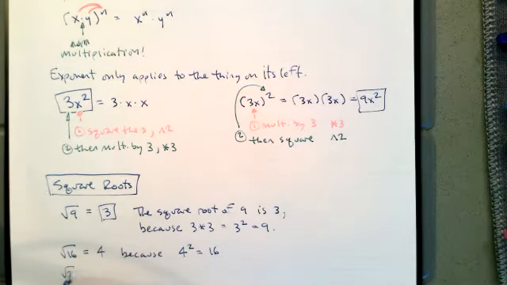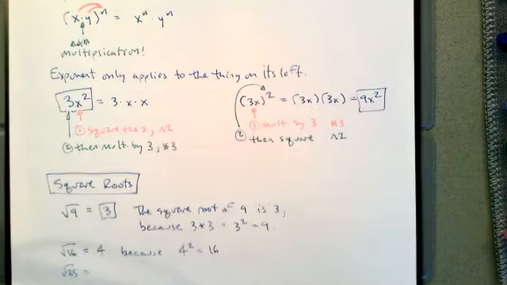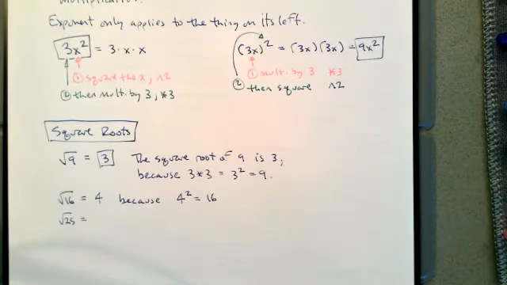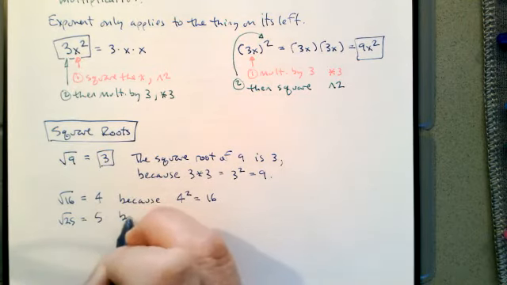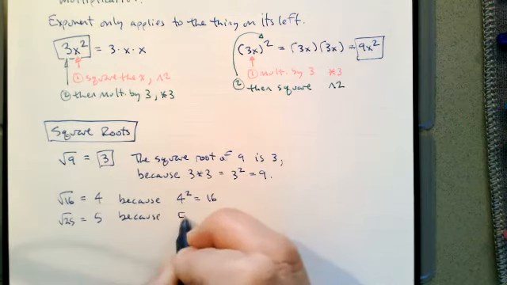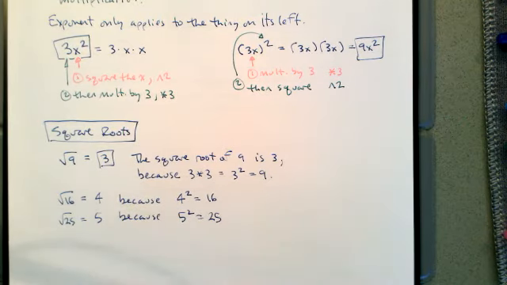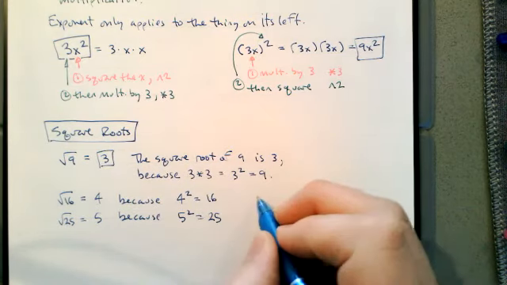What's the square root of 25? 5, because 5 squared is 25. Square root is the inverse of a square. Just like division is the inverse of multiplication, and subtraction is the inverse of addition. So a square root is the inverse of a square.